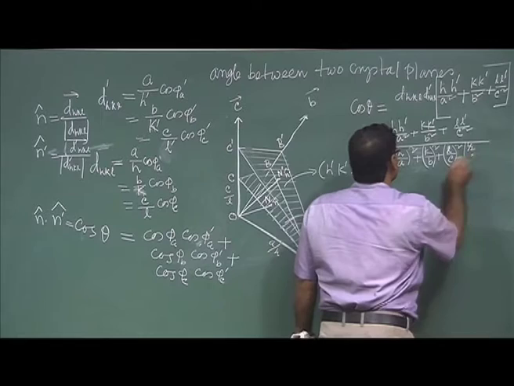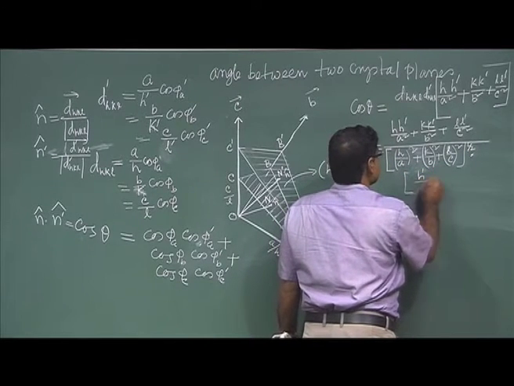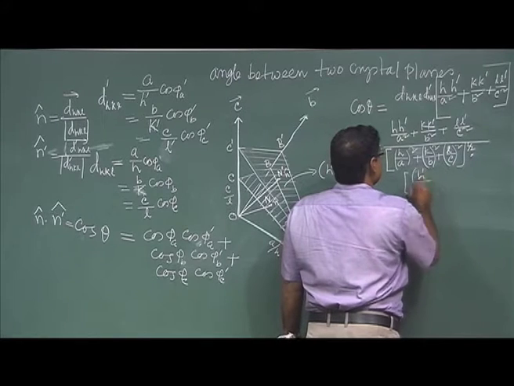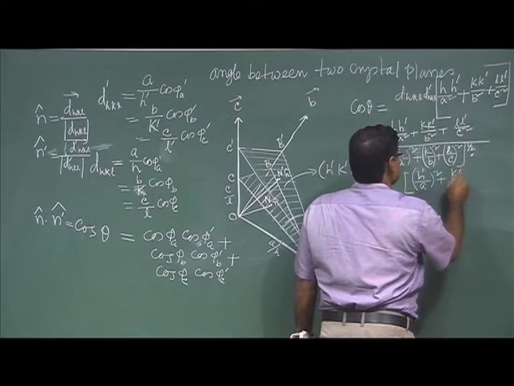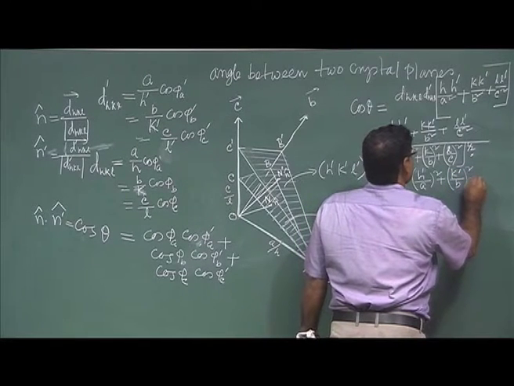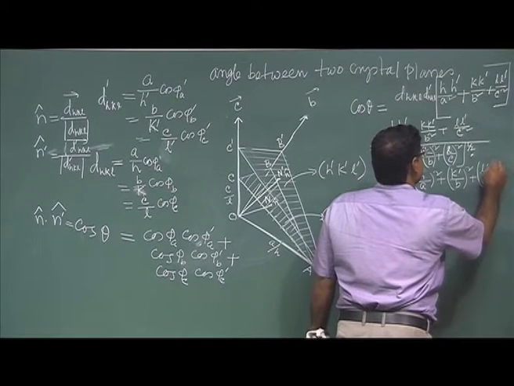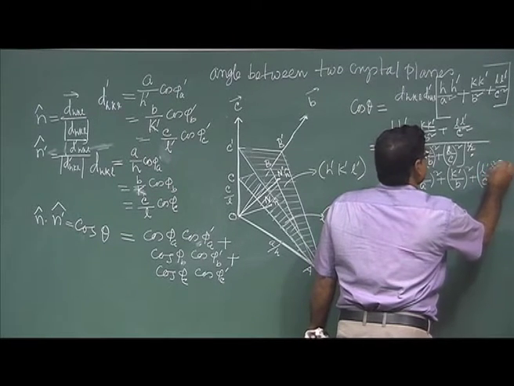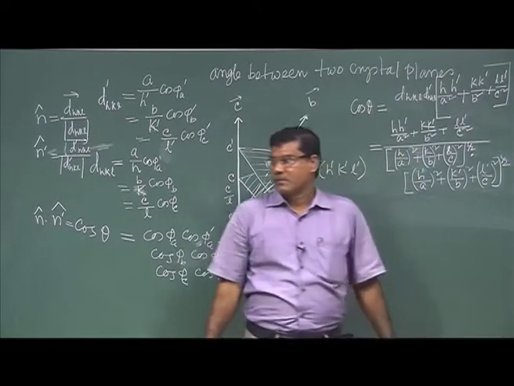into h dash by a whole square plus k dash by b whole square plus l dash by c whole square, right.